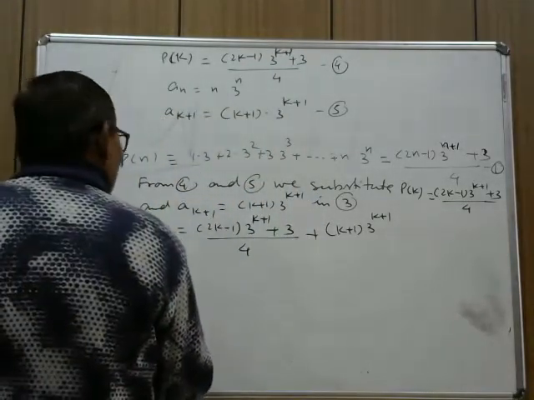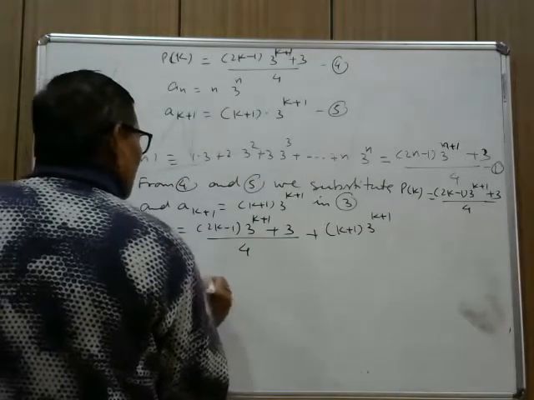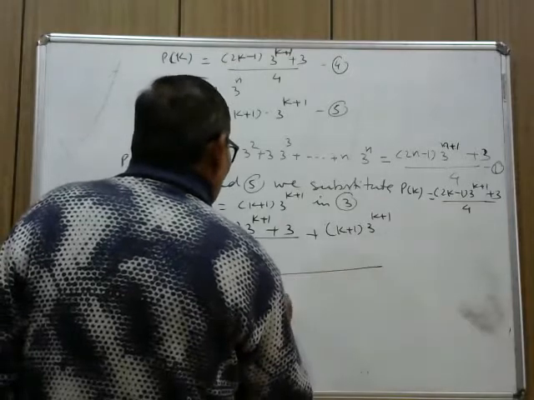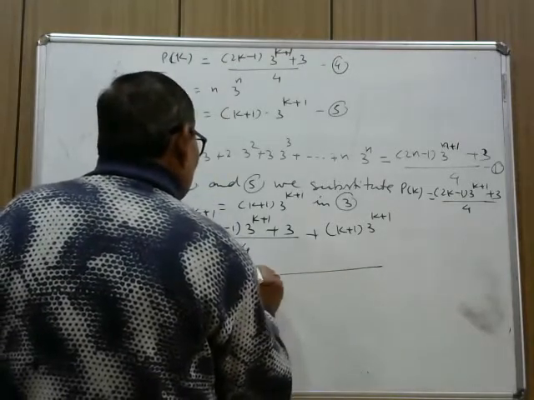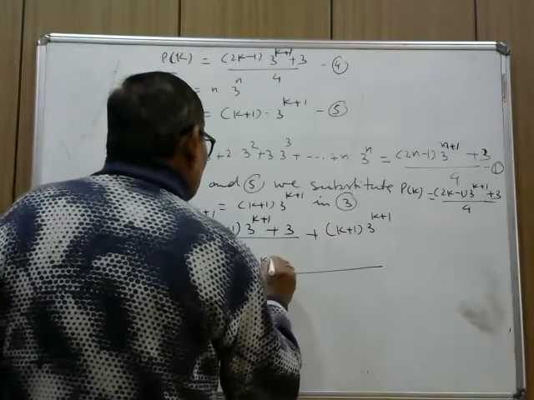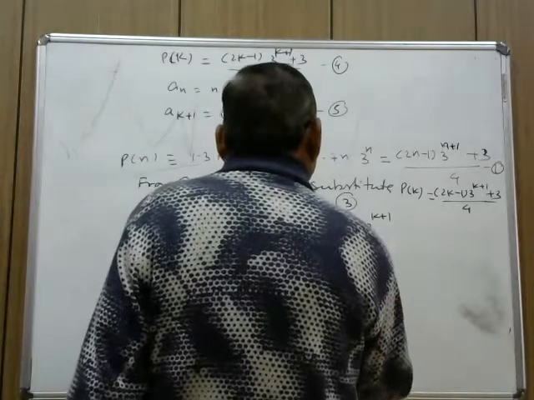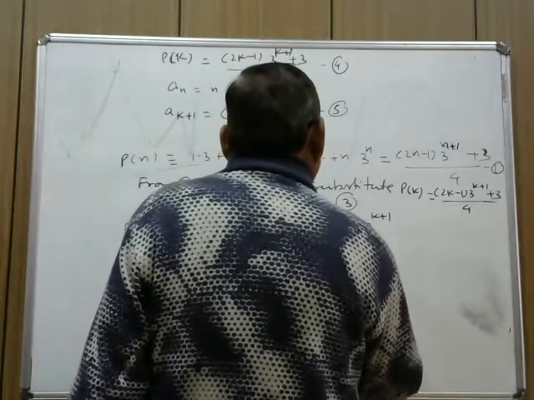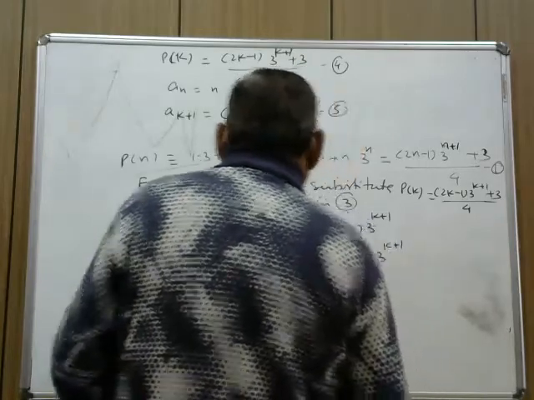So P of k plus 1 can be written as, your LCM is 4, here (2k minus 1) into 3 to the power k plus 1 plus 3 plus (4k plus 4) into 3 to the power k plus 1.